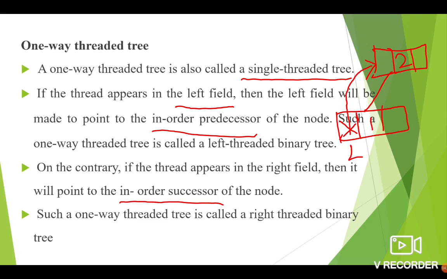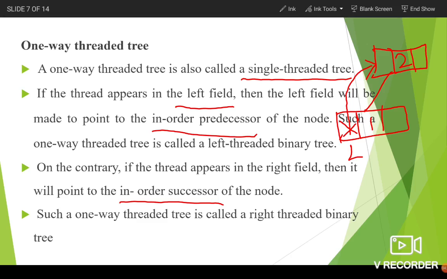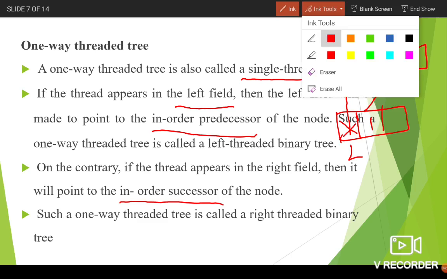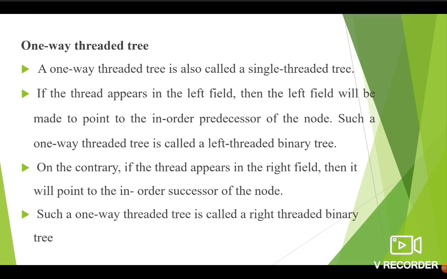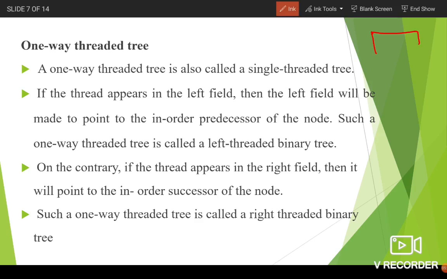Okay, once again, what is a one-way threaded binary tree? A one-way threaded binary tree is also called a single threaded tree, the thread can appear either on the left side or on the right side. If the thread appears on the left side, it's called a left-threaded binary tree.